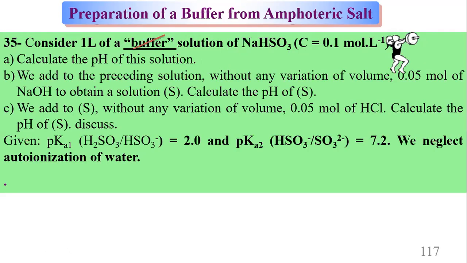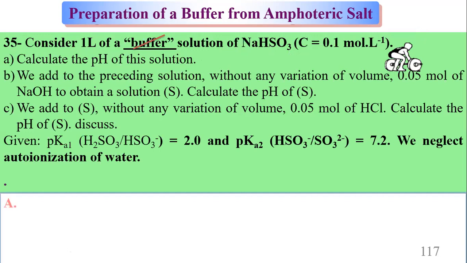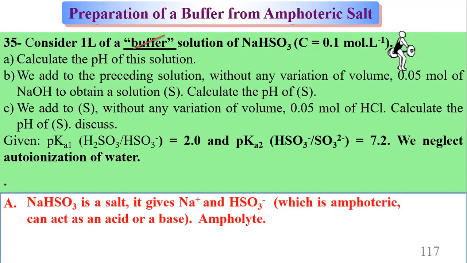So we're going to just go ahead and do part A for now. What is the solution? This is, of course, a salt, and it's an amphoteric salt. Hydrogen sulfite can act as both an acid or a base. What's the pH of an ampholyte or an amphoteric substance?